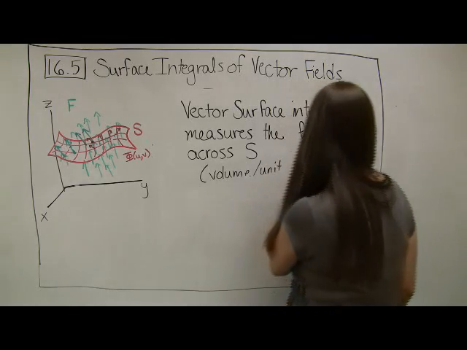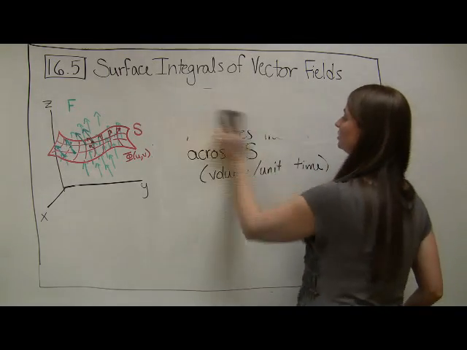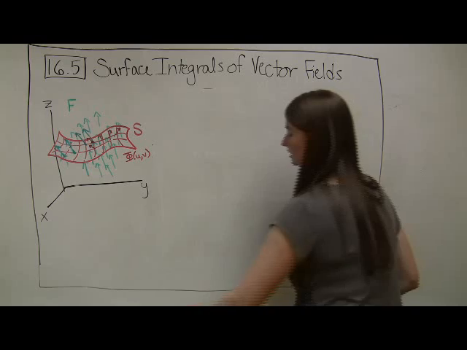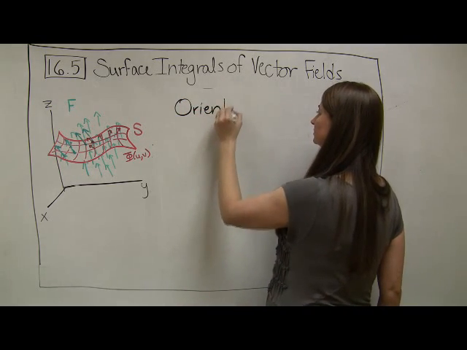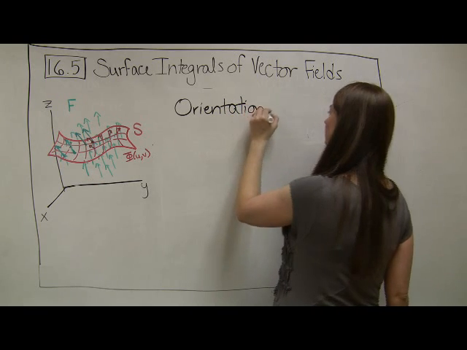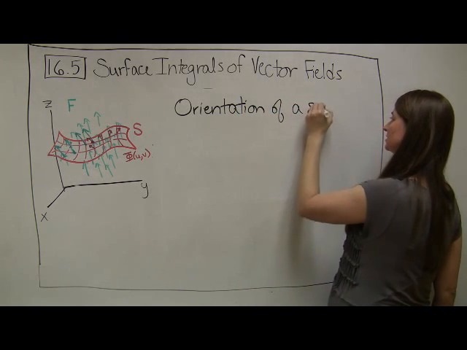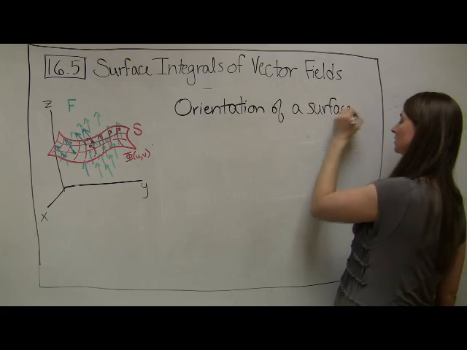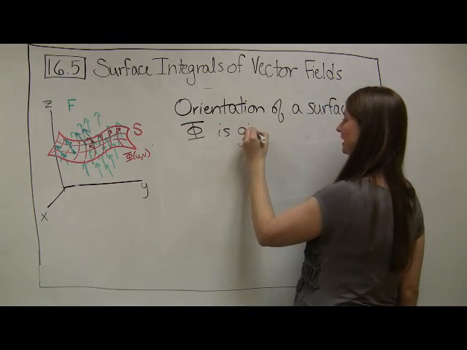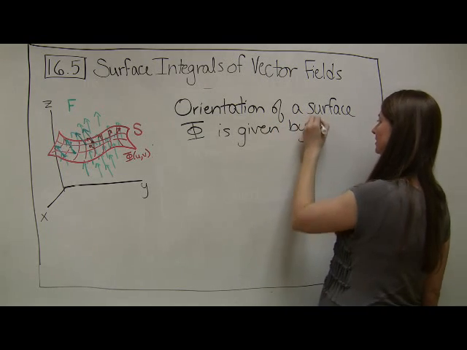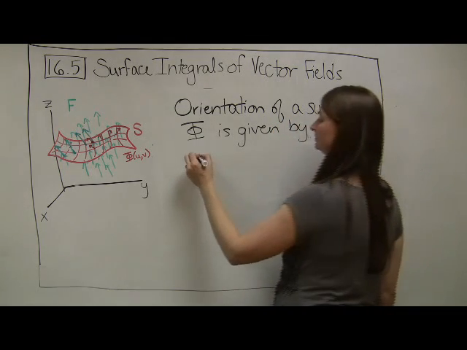This gets to the next point, which is the orientation of the surface and why that matters. The orientation of a surface with parameterization Phi is given by the direction of the normal vectors.